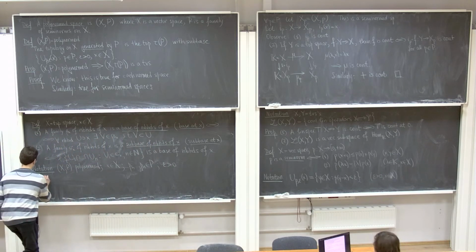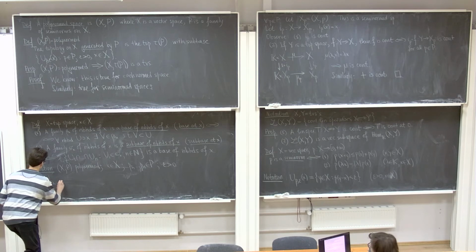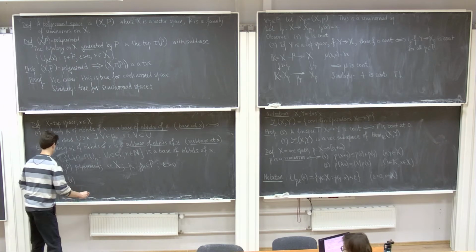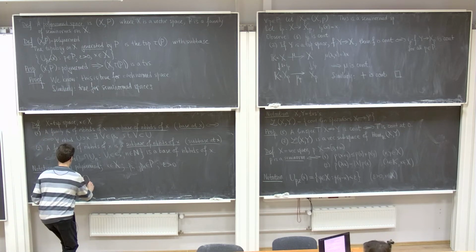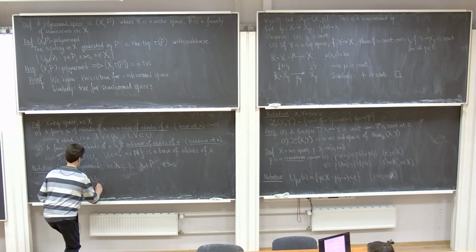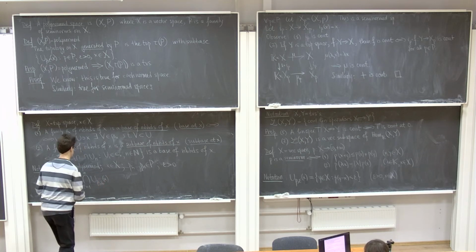Then we denote by U_{p_1,...,p_n,epsilon}(x) the intersection of the respective open balls, U_{p_i,epsilon}(x).